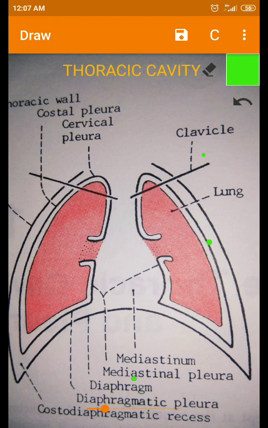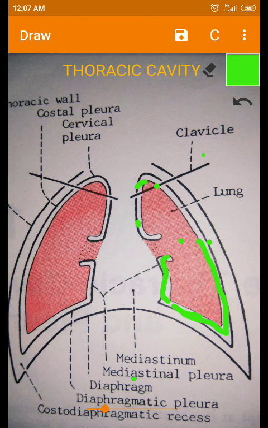In some diseases, this pleural cavity is filled with air. Air should not be filled in this area. Only the lungs should be filled with air, not the pleural space. Here it has the pleural fluid. The main function of the pleural fluid is to reduce the friction of the lungs during inspiration and expiration.